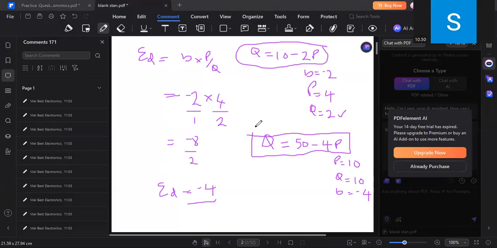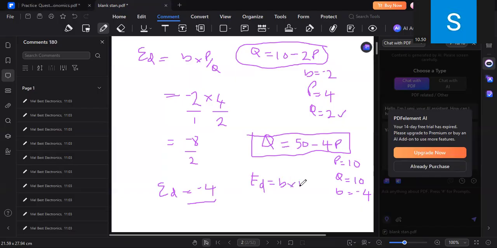So we're looking at demand and supply, elasticity specifically. Then we substitute in this formula. Elasticity of demand: B times price over quantity.